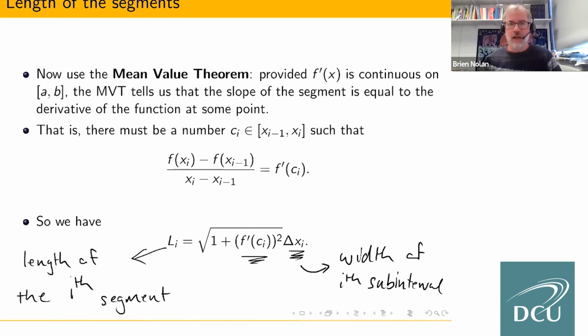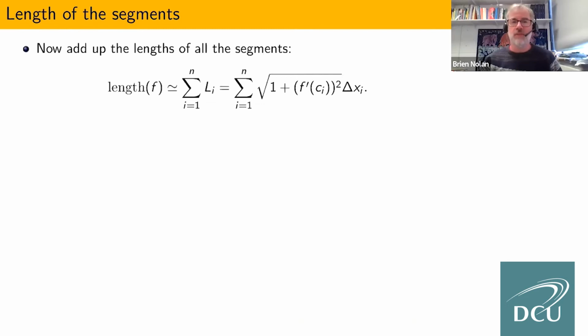So the Li, remember, is the length of the ith segment. When we add up the length of all of the segments, we get a number that's approximately equal to the length of the curve itself. And there's our formula now. We're bringing in the formula that we've just derived using the mean value theorem for that.